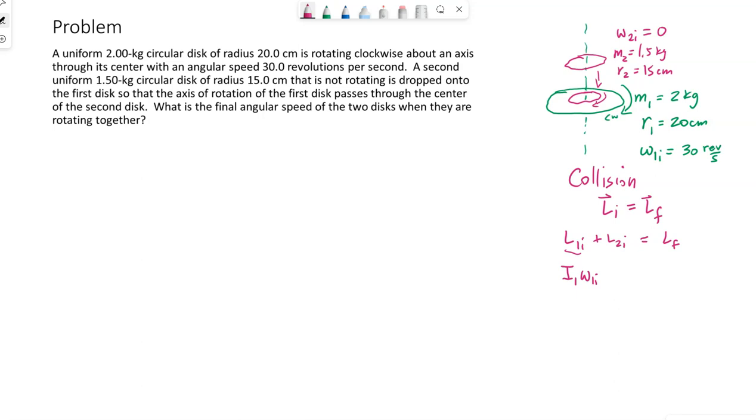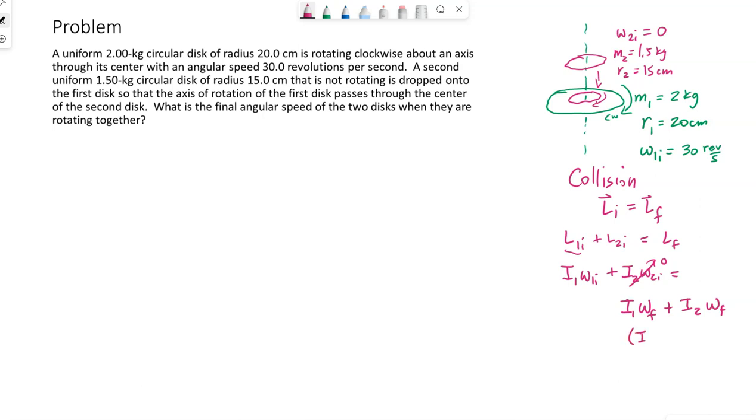I1 omega 1 initial plus I2 omega 2 initial, which we know is 0, has to equal I1 omega final plus I2 omega final.